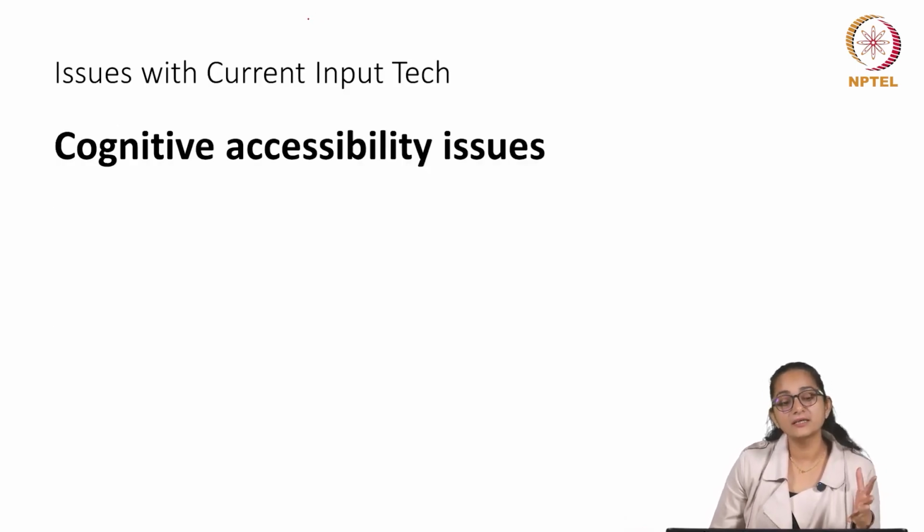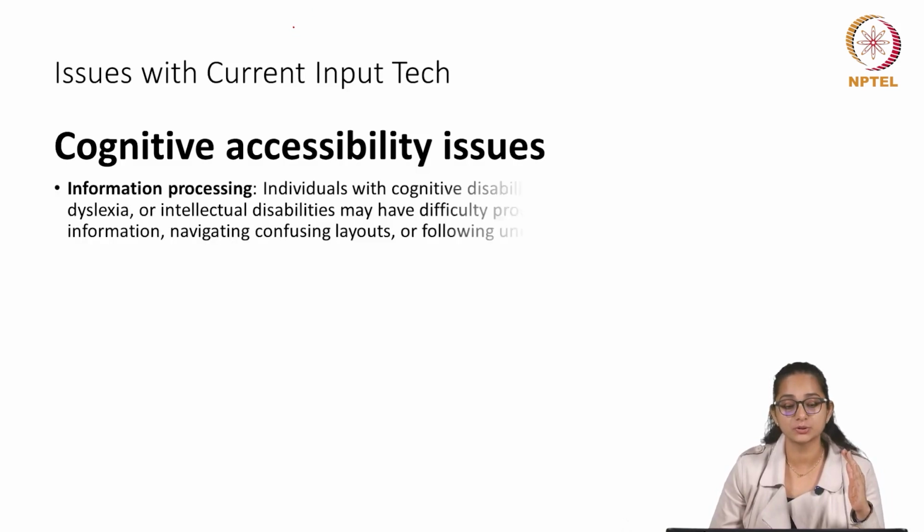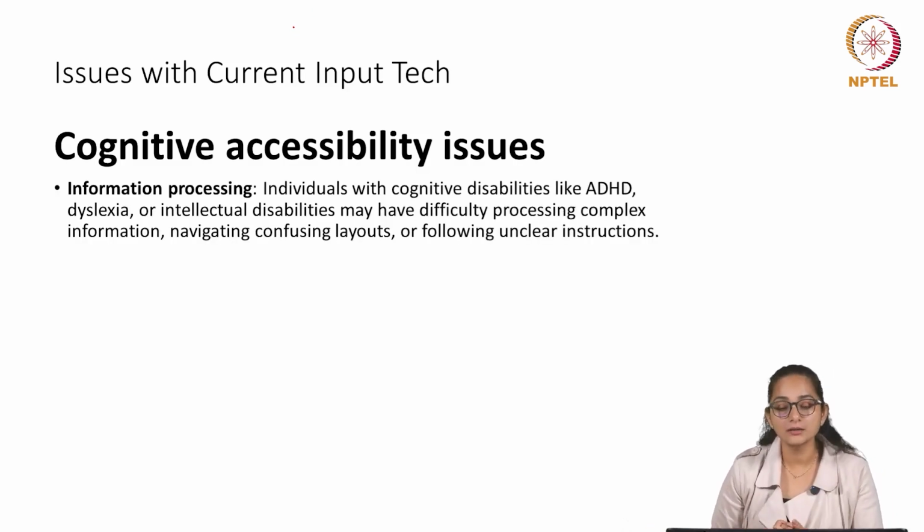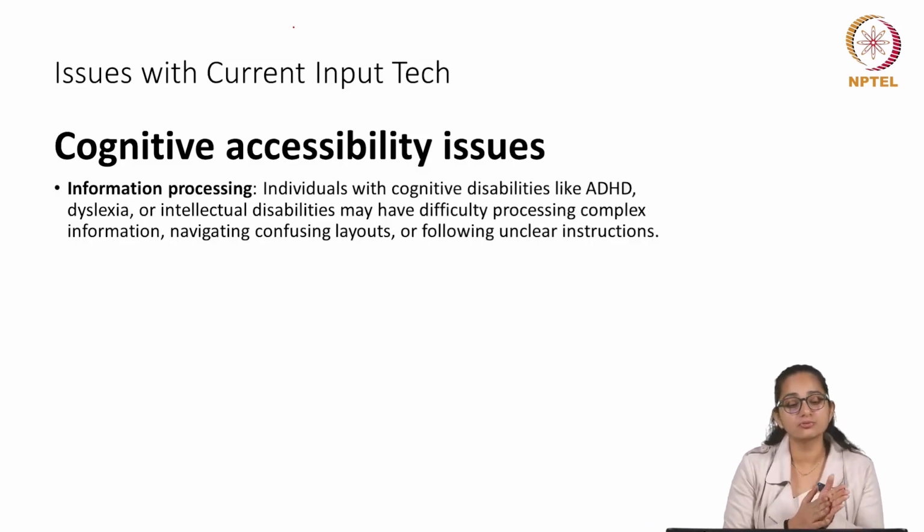The second category of issues with current input technology occurs in the domain of cognitive accessibility issues. Under the cognitive accessibility issues, of course, there can be information processing related aspects.